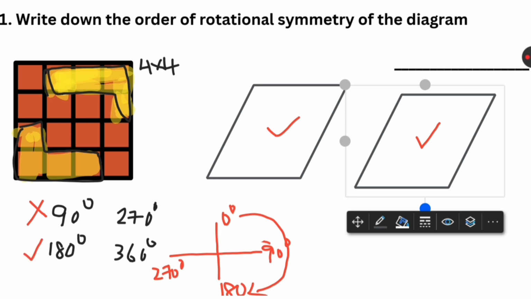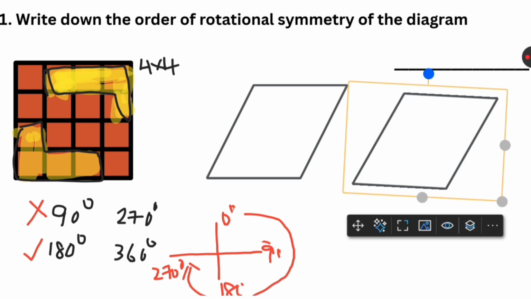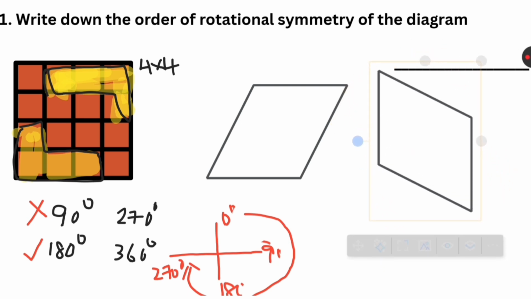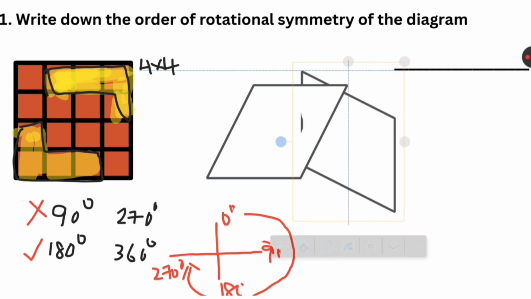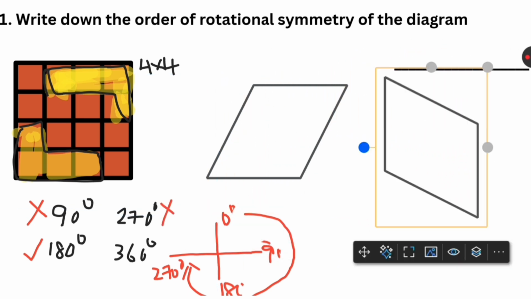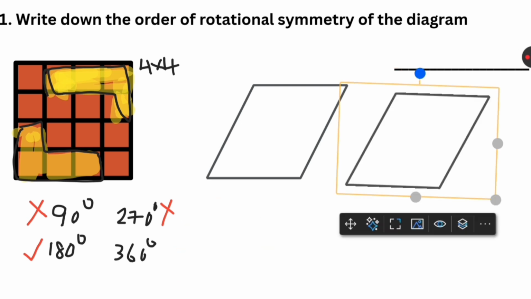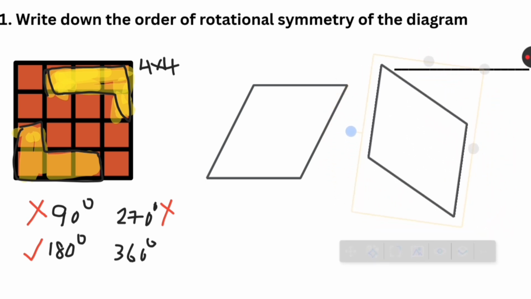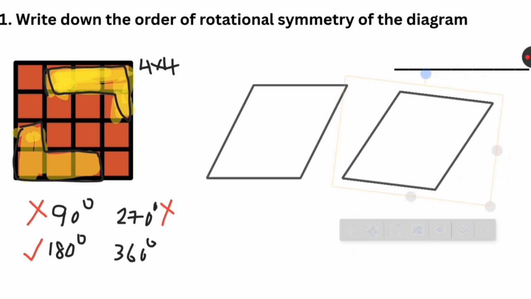Now let's try 270 degrees. That means you rotate 0 to 90, 180, then 270. See, this is 90, then 180, then 270. Now observe whether it matches the original one. It does not match. Now let's try 360 degrees, that means a full rotation. So we did the full rotation.